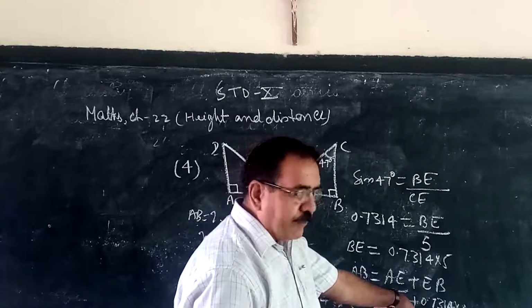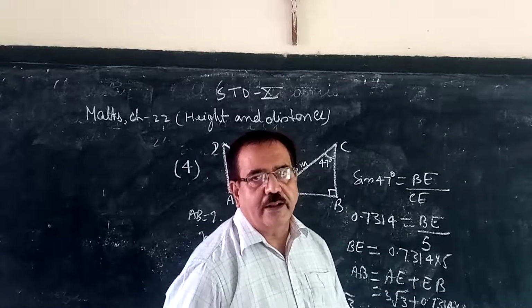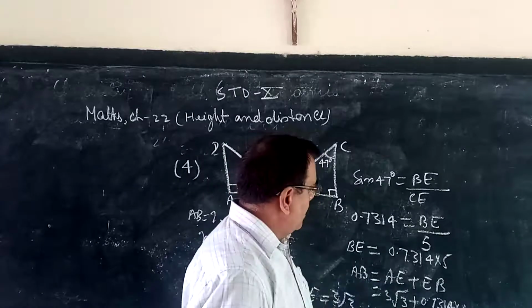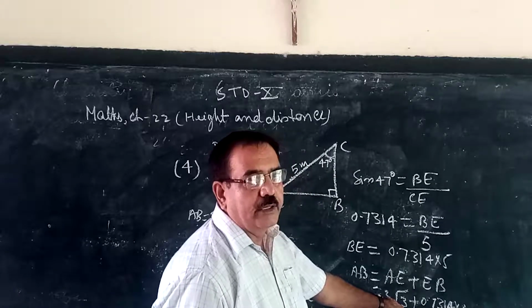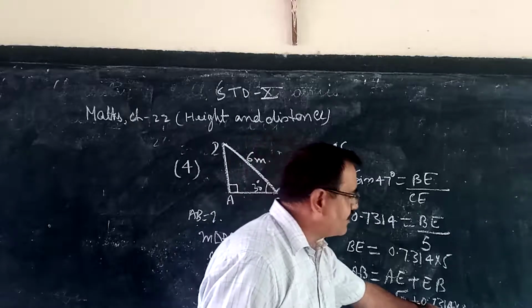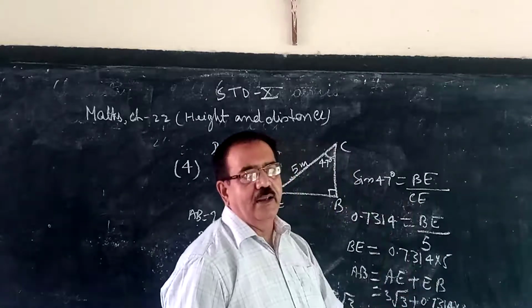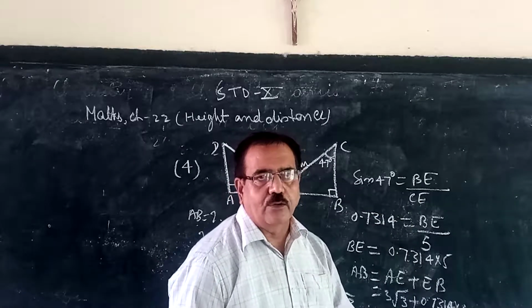In this type of question, generally the question mentions to write the answer correct to 2 or 3 decimal places. In that case you have to put the value of root 3, which is 1.732. So 3 into 1.732 plus this value added, then write the final answer correct to the 2 or 3 decimal places given in the question.